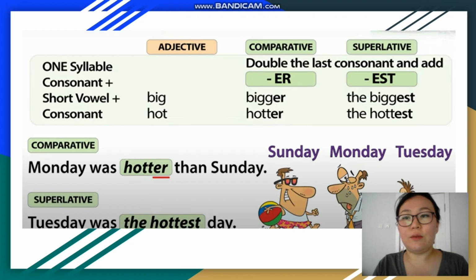So we double the last consonant, we need two Gs. Big becomes bigger with two Gs. The superlative is biggest, also with two Gs.